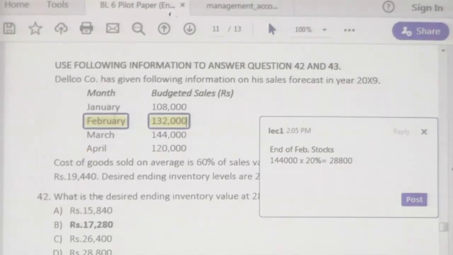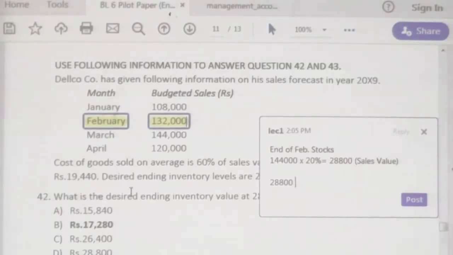But this 28,800 represents sales value. Sales value cannot be taken as the inventory value. Therefore, you need to eliminate the profit margin from here. Closing inventory for February: 28,800 at sales value.